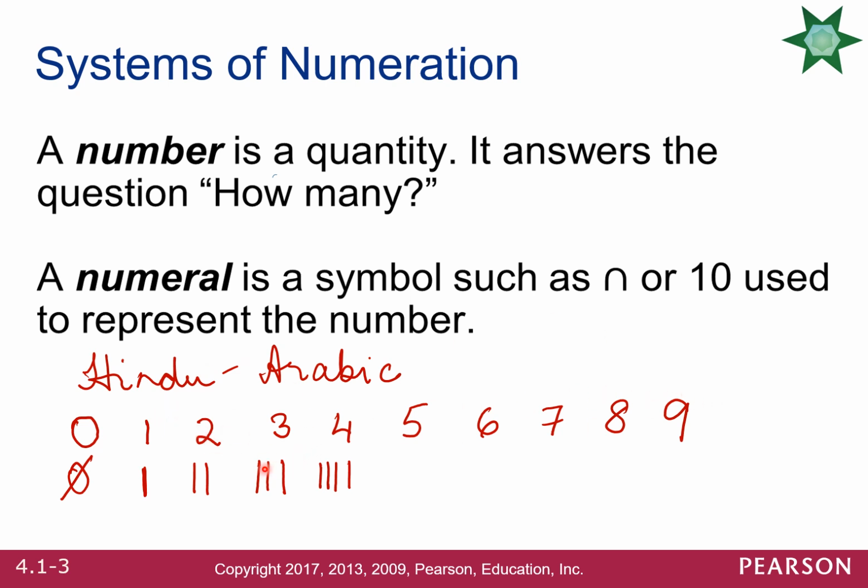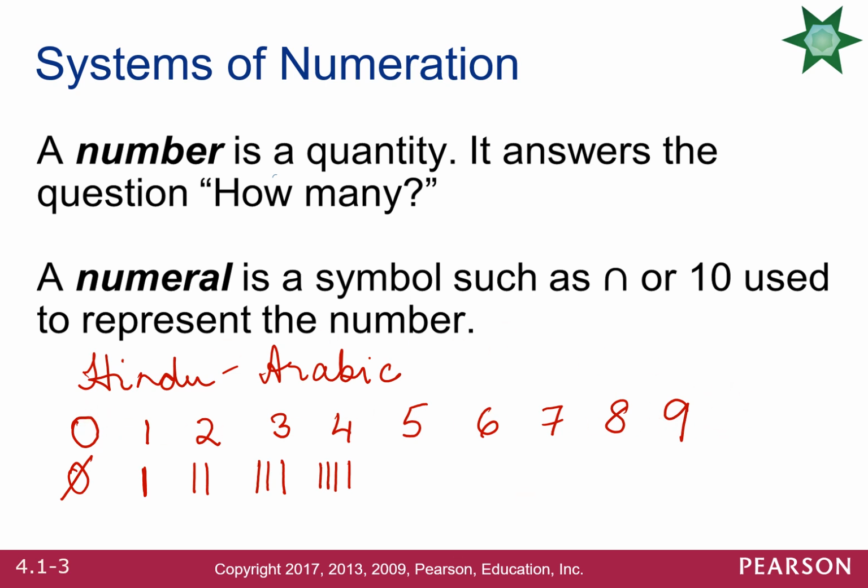All right, so that is the importance of 0, and therefore the Hindu-Arabic system, which came up with a way of representing 0. And all the other numbers higher than 9 are represented using a combination of these 10 numerals, correct?